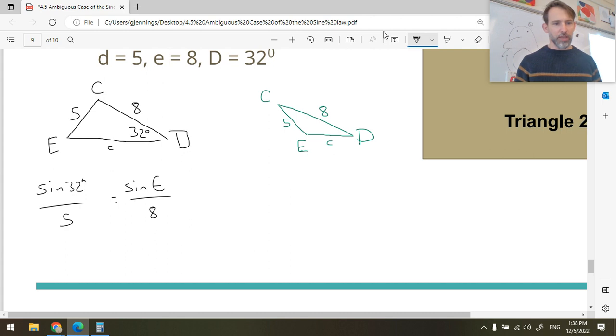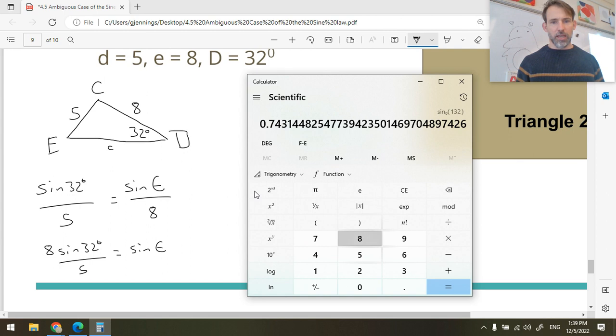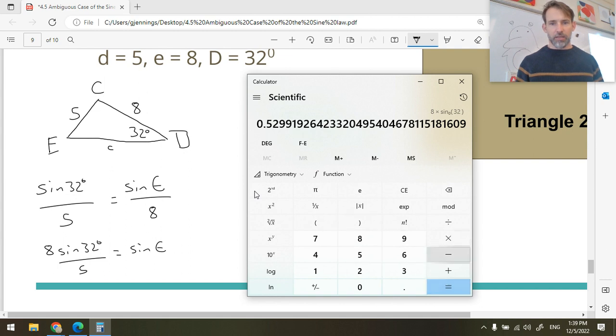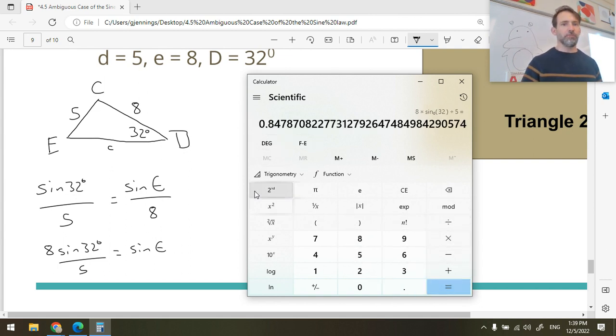Multiply that through by 8: 8 sine 32 degrees over 5 is equal to sine E. So let's go 8 times the sine of 32, divide by 5 equals 0.84. Notice that that's less than 1.